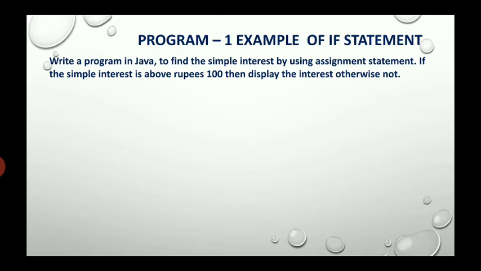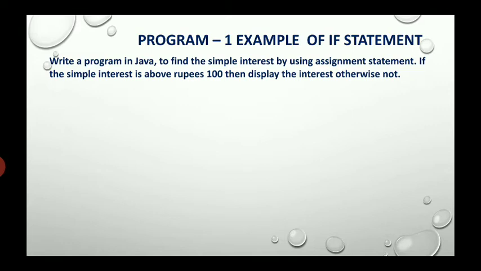So in this program, we have to find the simple interest by using assignment. That means we can put the values inside the main function. You can assign the values. And what is the condition? The condition is that if the simple interest is above ₹100, then display the interest. Otherwise, you don't have to display the interest.